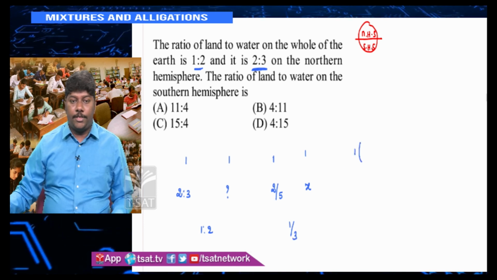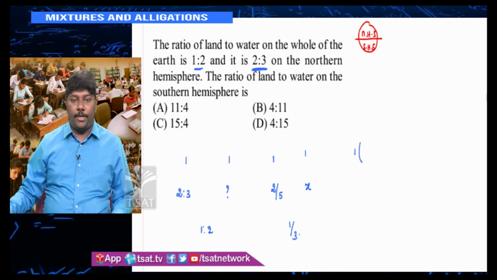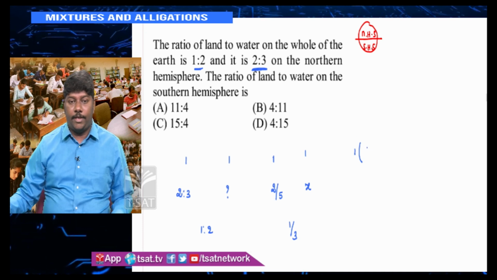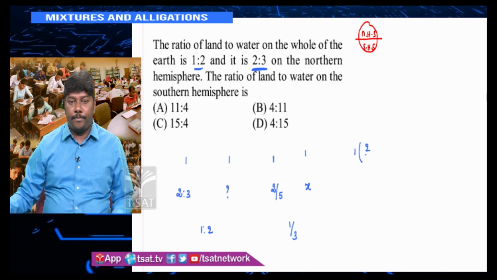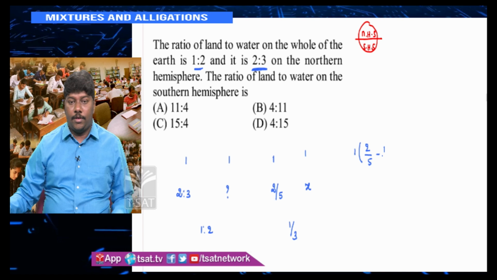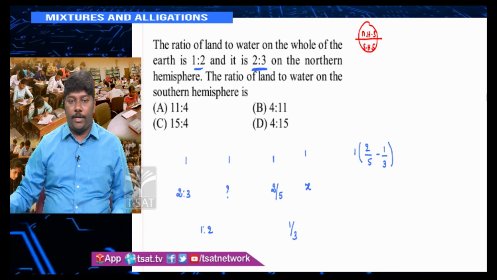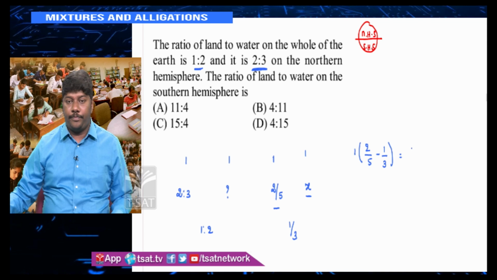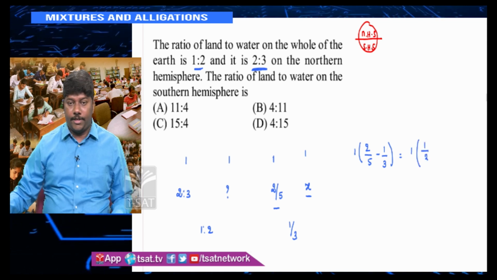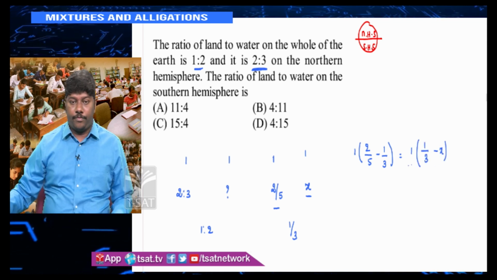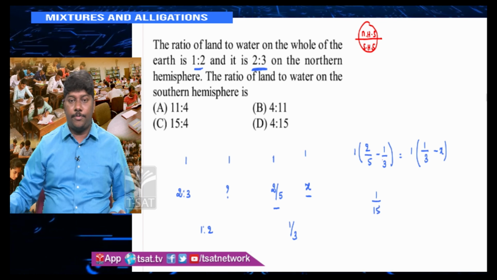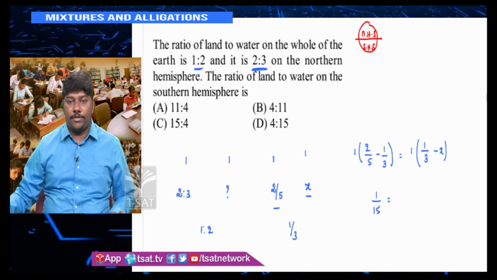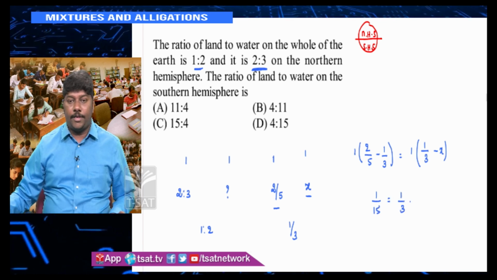1 into the difference is 2 by 5, 1 by 3. So 2 by 5 minus 1 by 3 gives me 6 minus 5, which is 1 by 15, equals, if 2 by 5 is more, x must be less, 1/3 minus x. 1 by 15, because 6 minus 5 is 1, 1 by 15 equals 1 by 3 minus x.